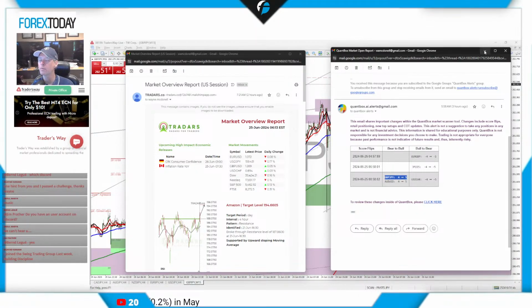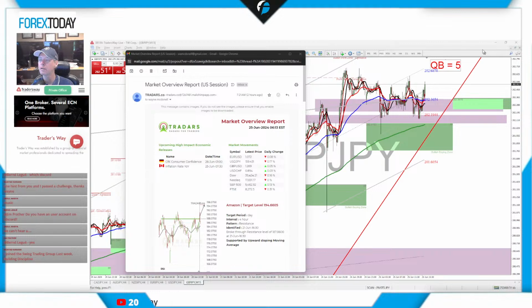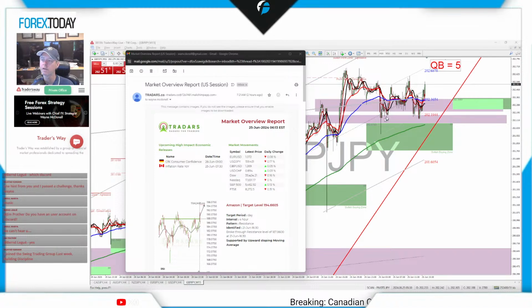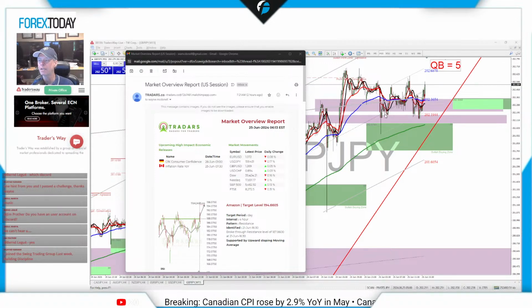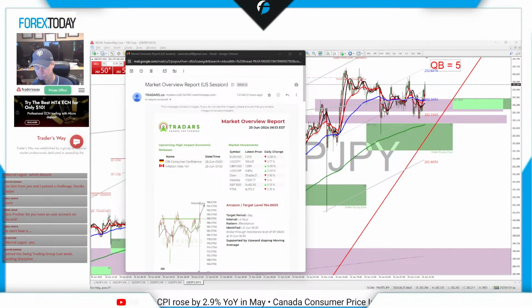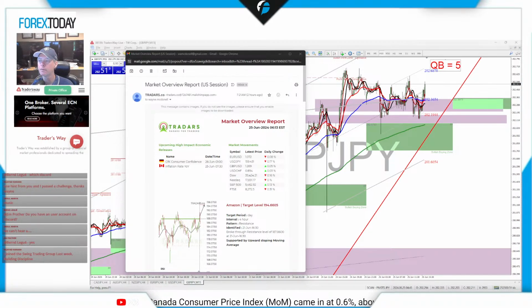And then we went to the chart and we updated to QB5 because it used to be a QB4. And our logic, we're looking at something that might be moving up and that we're focused on the right thing for the right reason. And we're removing randomness from our trading.